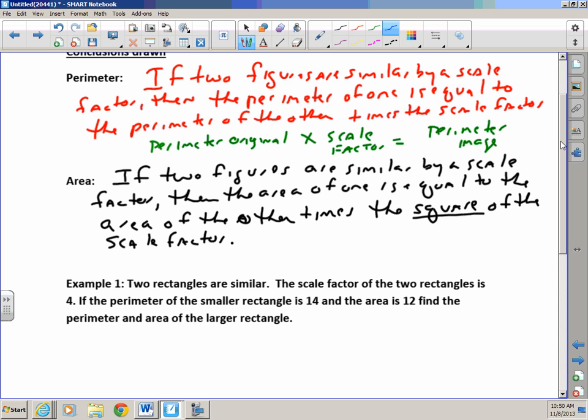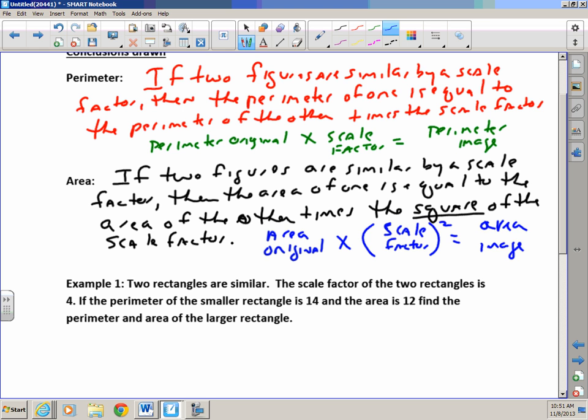So that formula would be the area of the original times the scale factor squared is the area of the image.